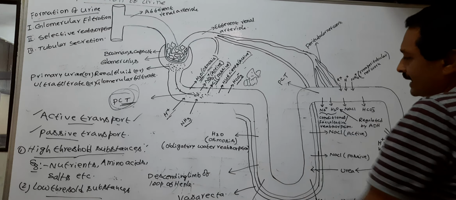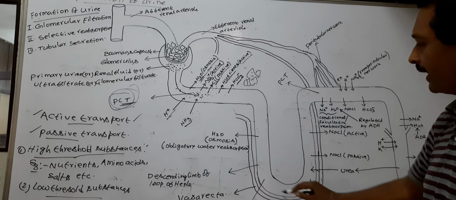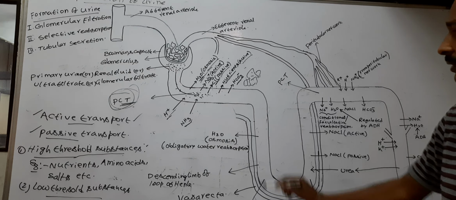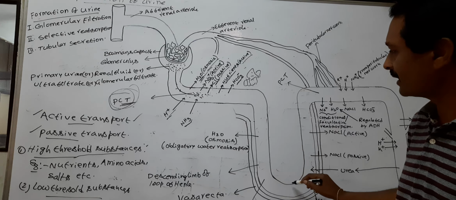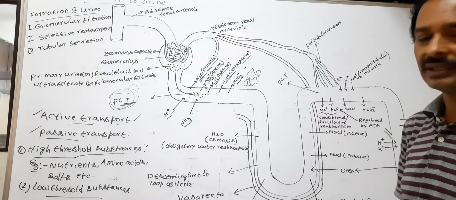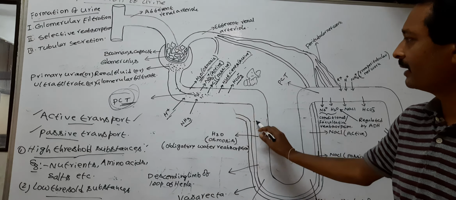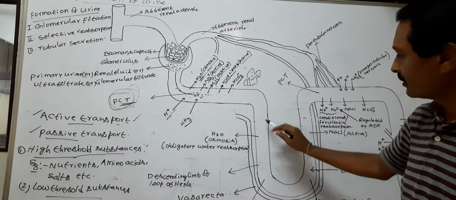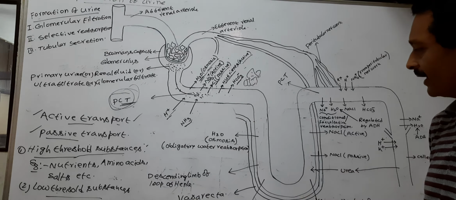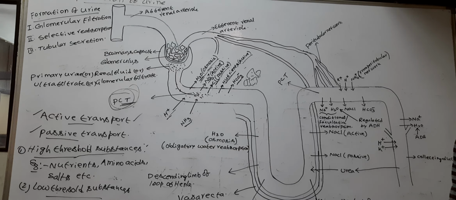Next, absorption and secretions in the Henle's loop. The Henle's loop is a hairpin-like structure in the nephron. It is located behind the proximal convoluted tubule, in the medulla of the kidney.